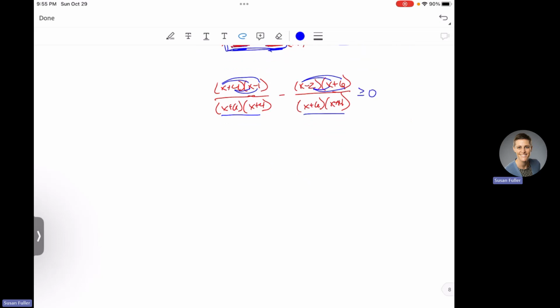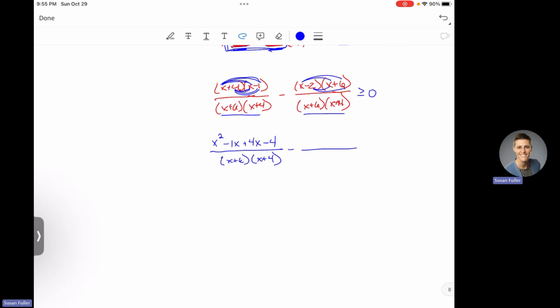So x plus 4 times x minus 1. We're going to distribute this x into the first and the outside. So it's going to be x squared minus 1x. Now I'm going to do my inside and my last. So I'm going to do plus 4x minus 4 up here. I still have my common denominator. Leave it factored.